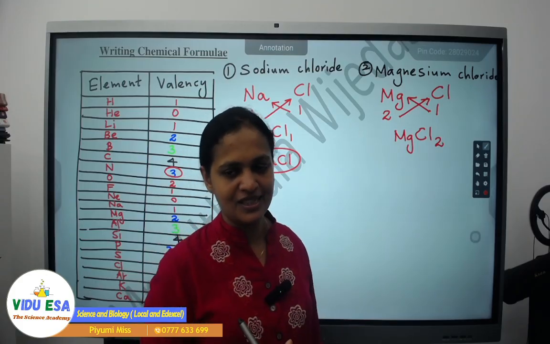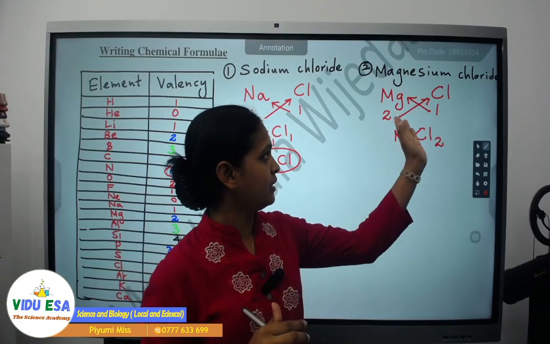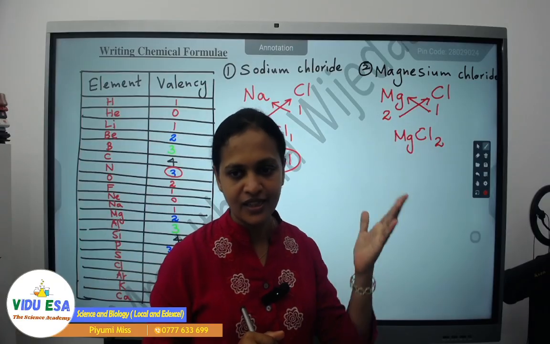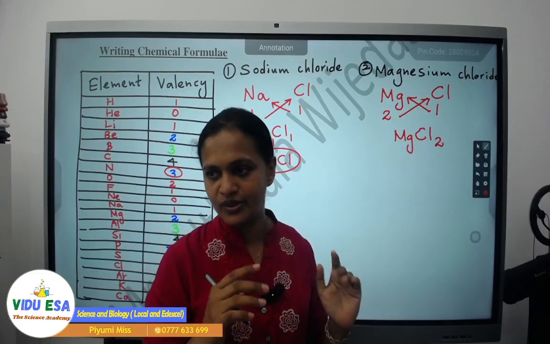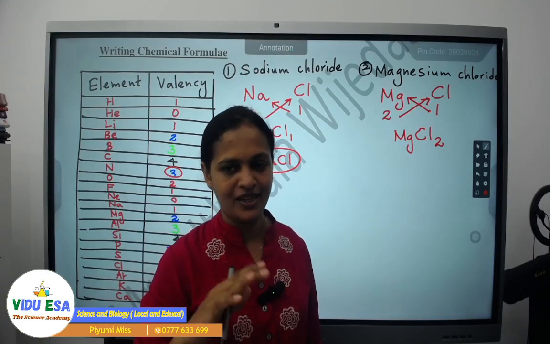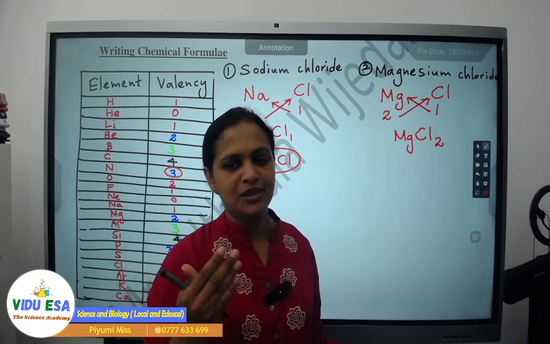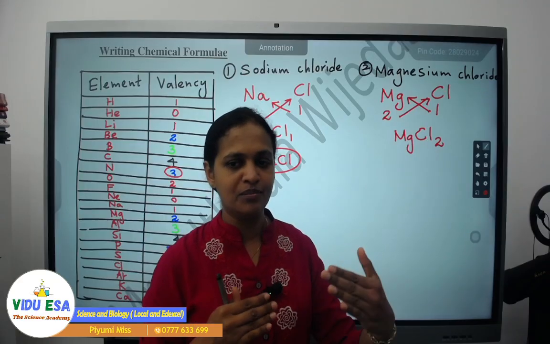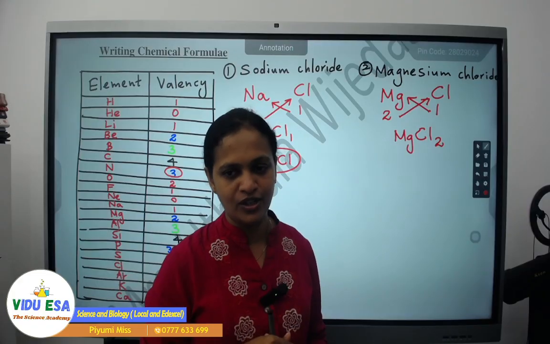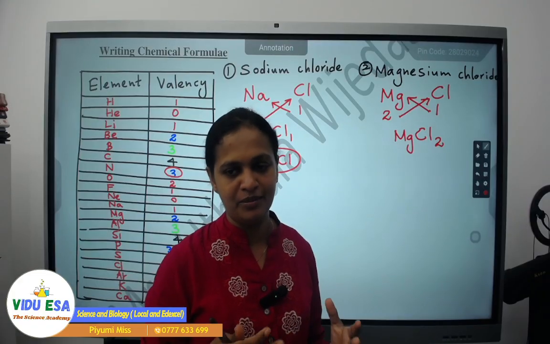There are some other instances in which both come as 2 and 2, where you can get the simplest ratio. What actually happens here is, as I said, the valency is the combining power of an atom of an element.